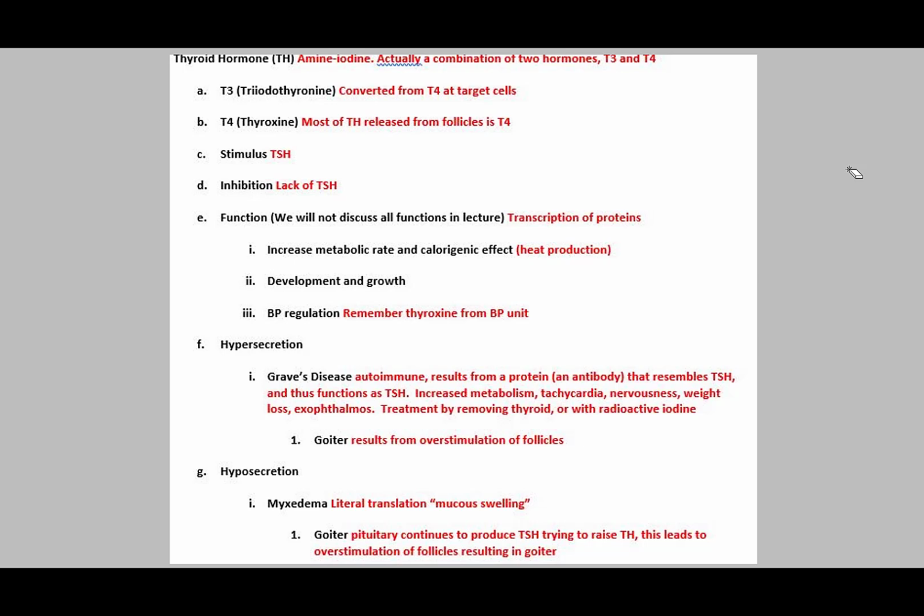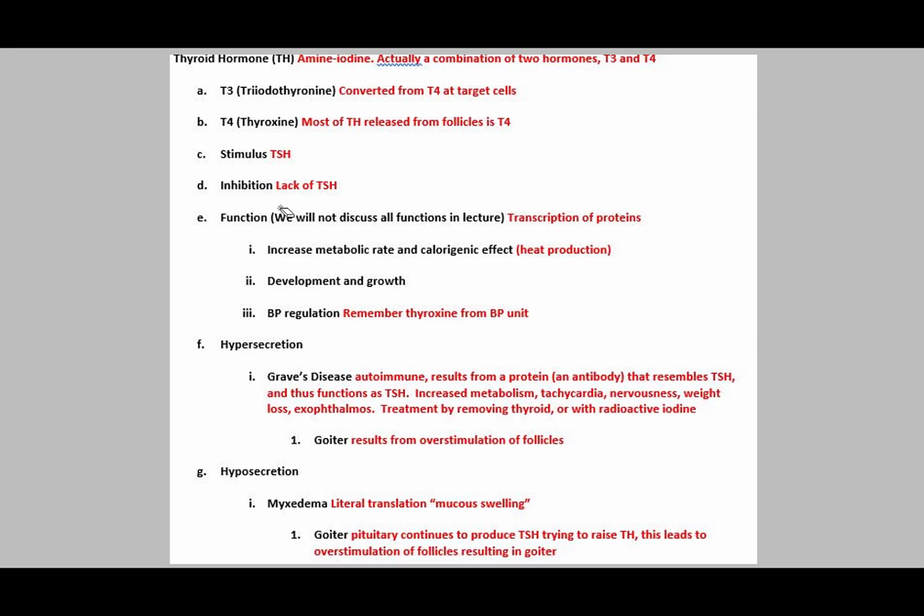But the remainder of the glands that we're going to talk about, we're going to go through them briefly, but then we are going to come back at the end and go over them again when we get to the pituitary gland. And that will make sense when we get to the pituitary gland. You'll understand why we're doing it that way and why we're not covering it in the order that the book presents it.